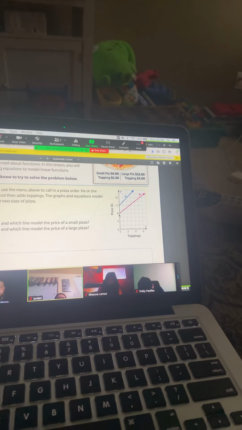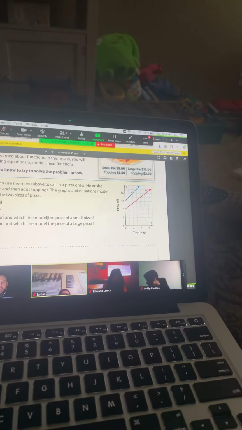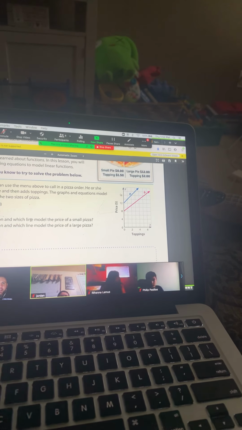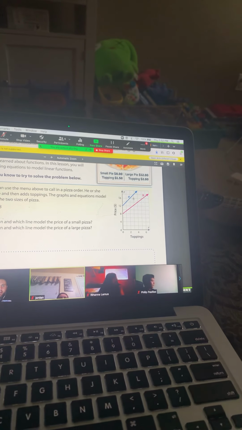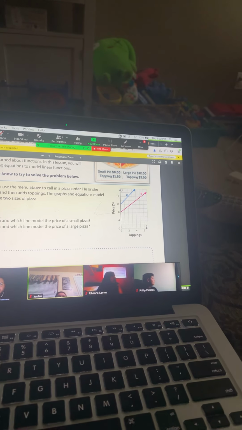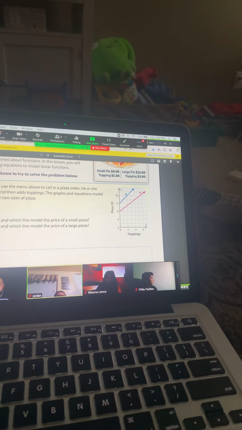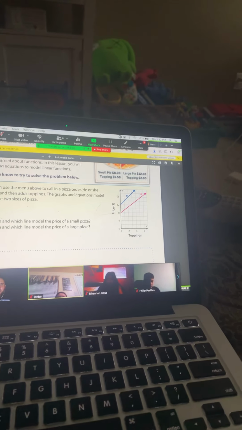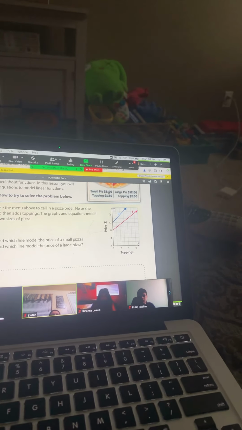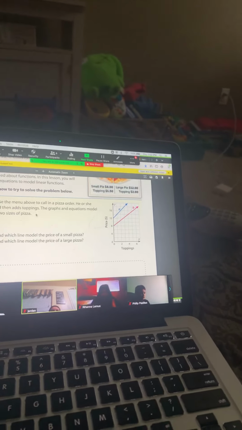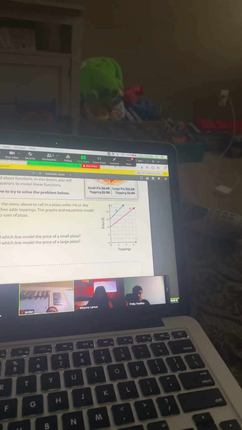So the learners should be able to notice that line A is for the large pizza, because it costs $12. Line B is the small pizza because it starts at $8. Also, the initial value is $8, which correlates.